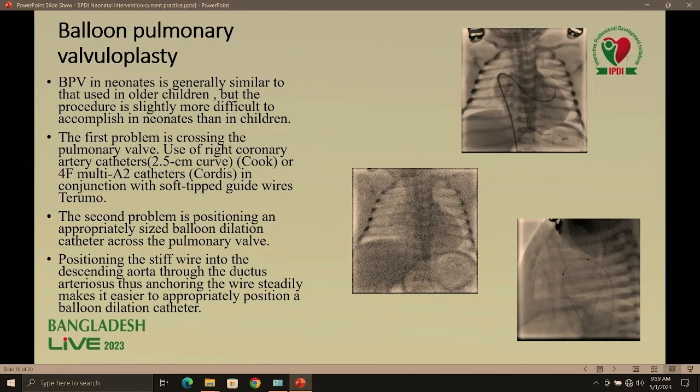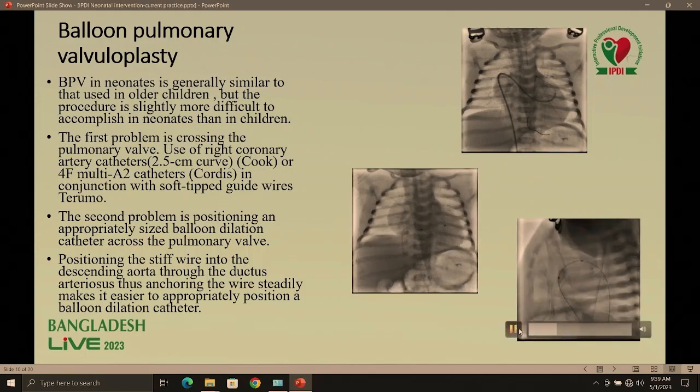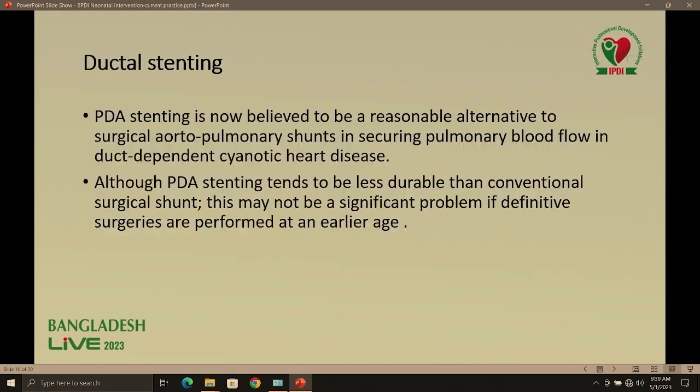The second problem is positioning the appropriate size balloon across the pulmonary valve. If you are lucky and the patient has a PDA, you can position the stiff wire into the descending aorta through the ductus arteriosus, anchoring the wire steadily and making it easier to position the balloon catheter. And you need to do a graded balloon dilatation.